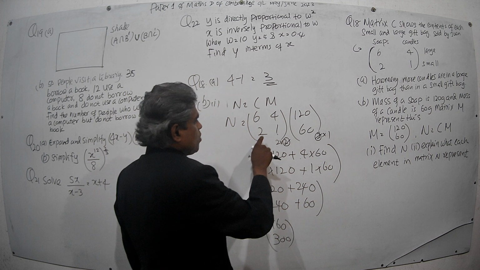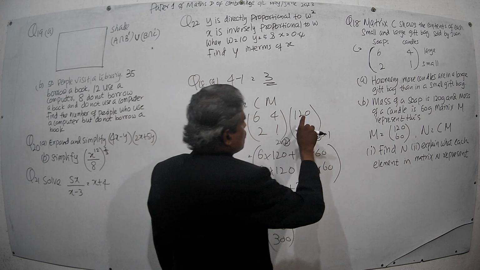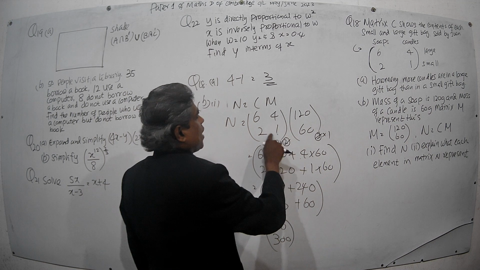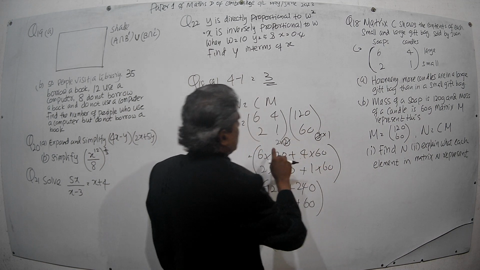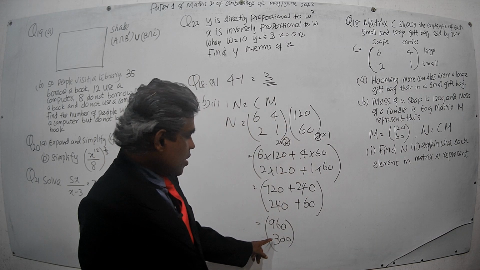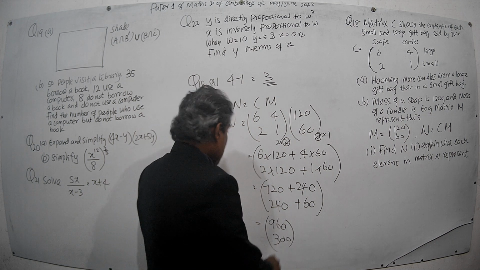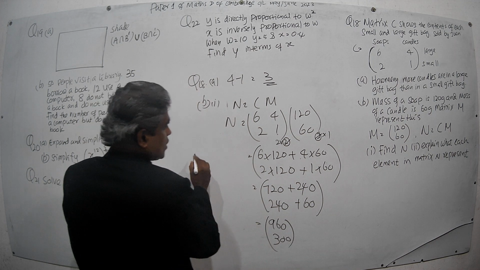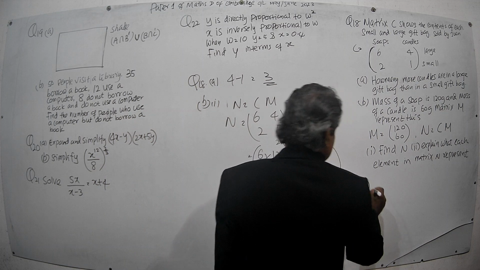Then you multiply the number of soaps in a smaller bag by its mass, and the number of candles in a smaller bag by its mass. Then you get here the mass of contents of one small bag. That is the answer for the second part here.